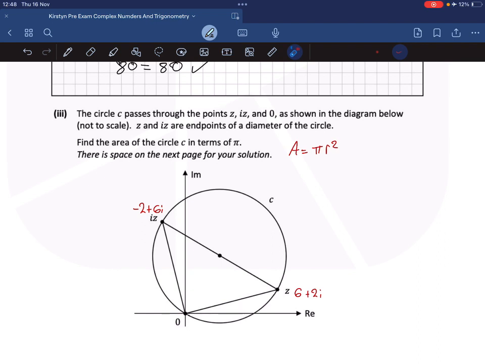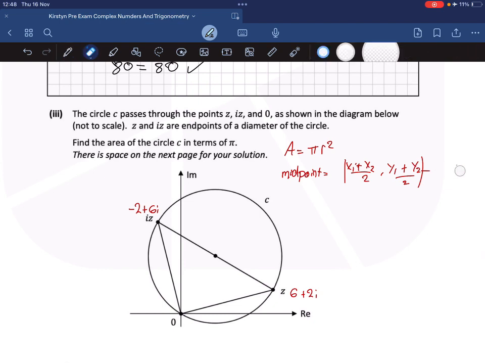The other thing we're going to use is the midpoint formula. If you can remember, the midpoint is equal to x1 plus x2 divided by 2, and y1 plus y2 over 2.